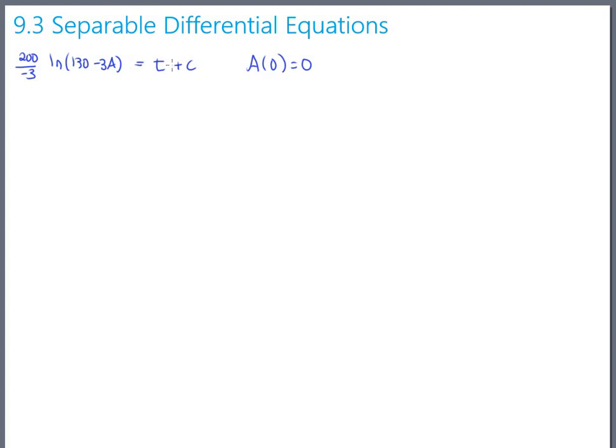Plug in 0 for time and 0 for amount. So when t was 0, then the amount of salt was also 0. So plug in 0 for A, and we get 200 over -3 times natural log of 130, which is some decimal. I'm actually just going to leave that exact for the moment. So we know that C is 200 over -3 natural log of 130.